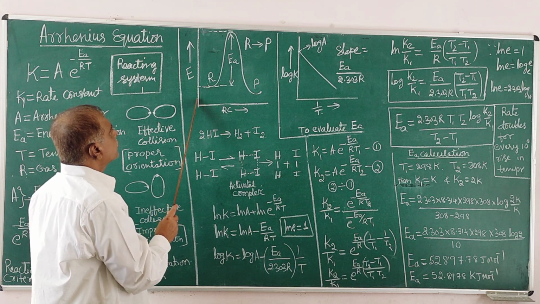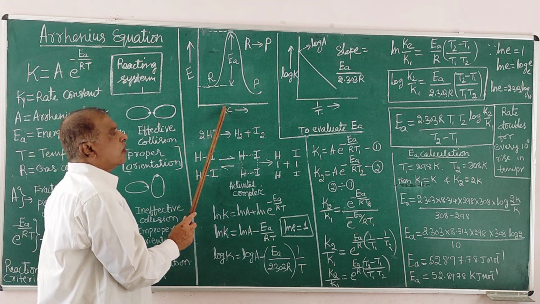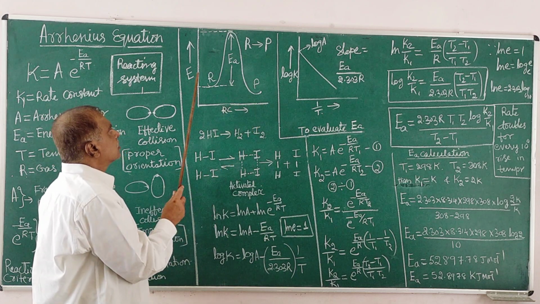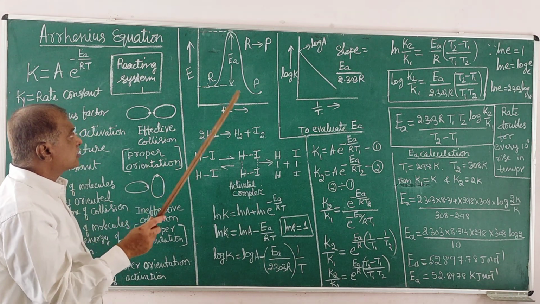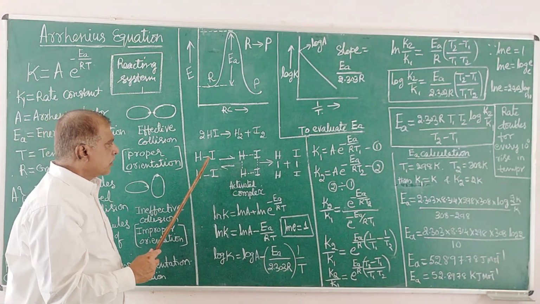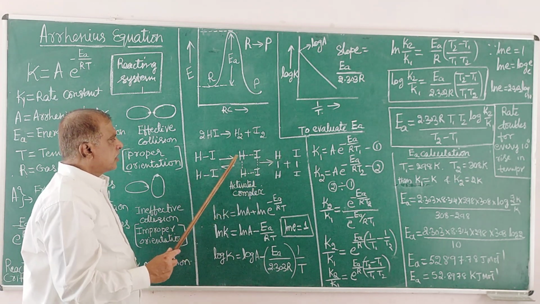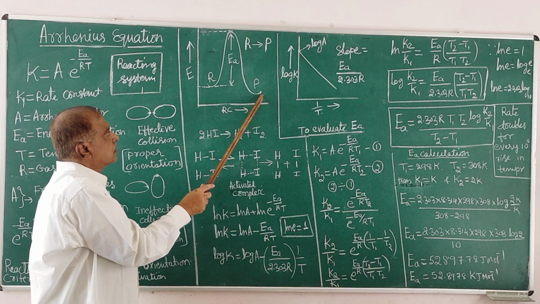Here is the energy axis and the reaction coordinate axis. During the reaction, the energies keep changing in the molecule, from reactant into product. Energy changes like this and like this.